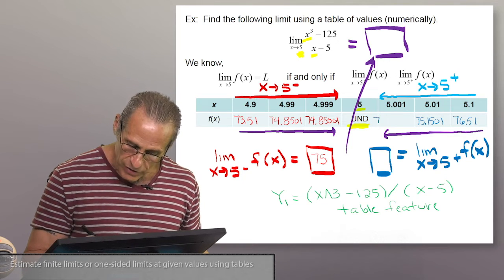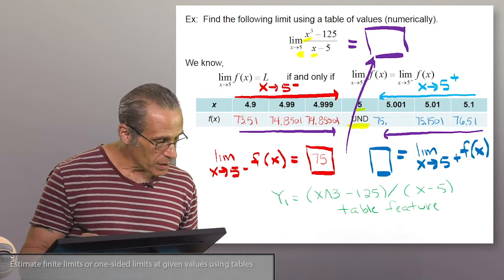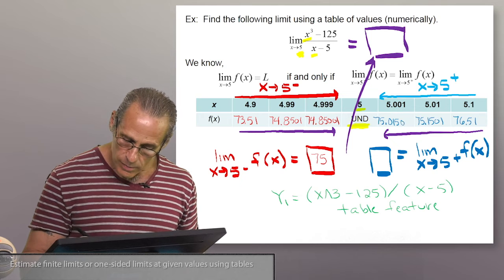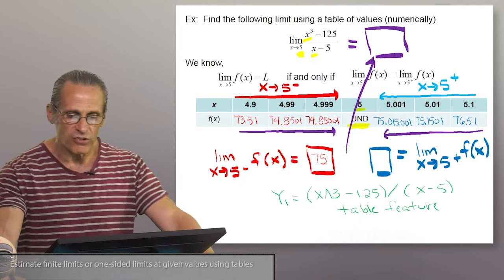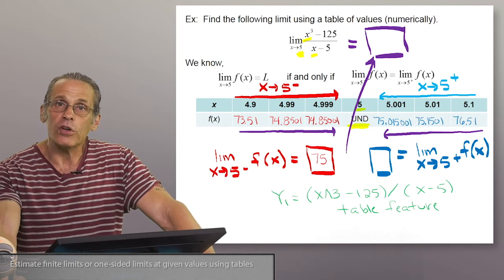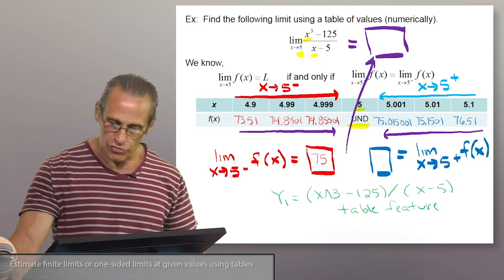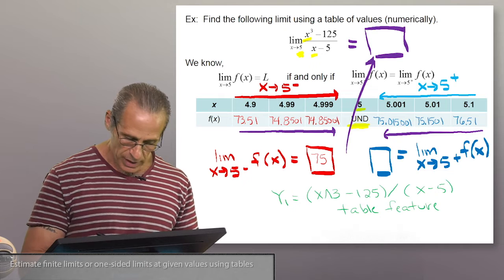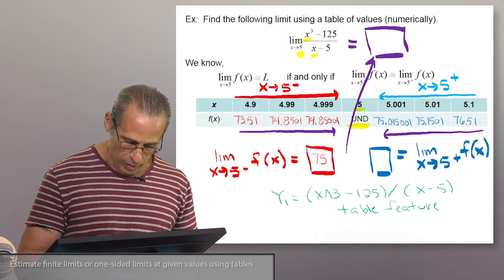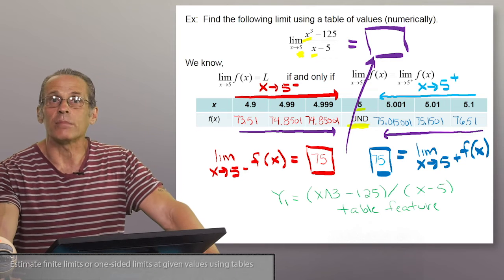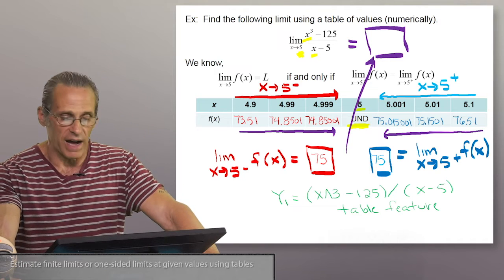That output is 75.015001. And again, I'm asking myself, as my inputs go from 5.1 to 5.001, are those outputs getting closer and closer to a number? And your response is, I believe so. It looks like it's getting closer to 75. So my right-hand limit as I approach 5 is 75.